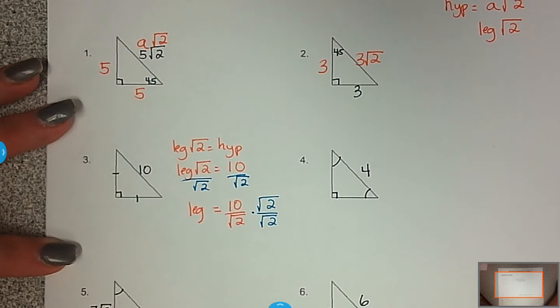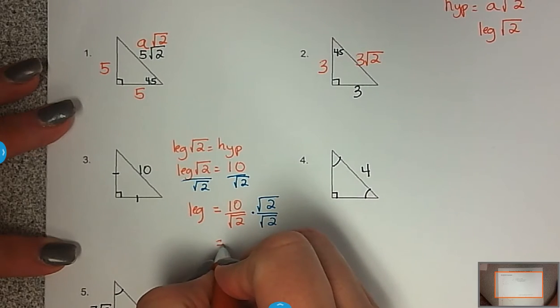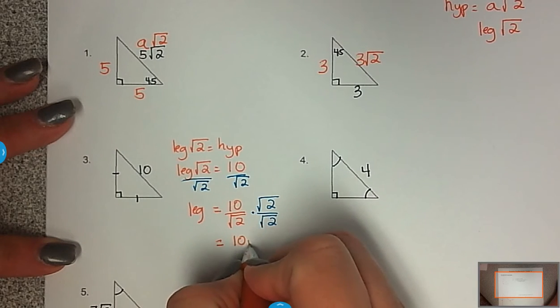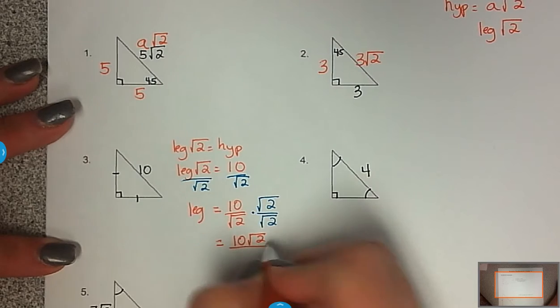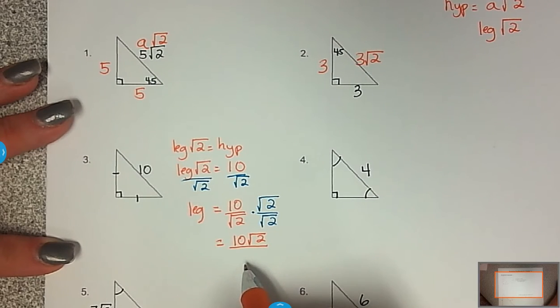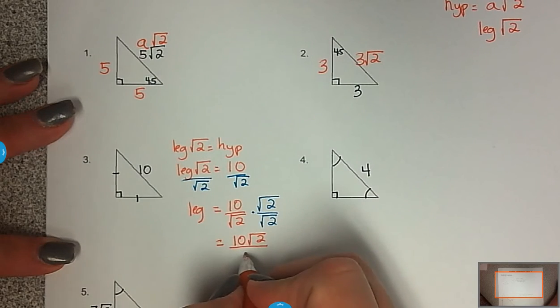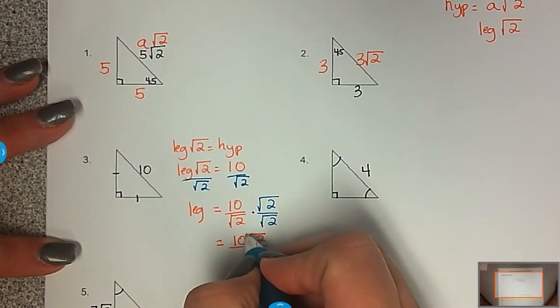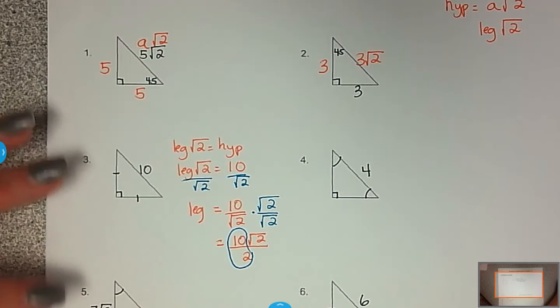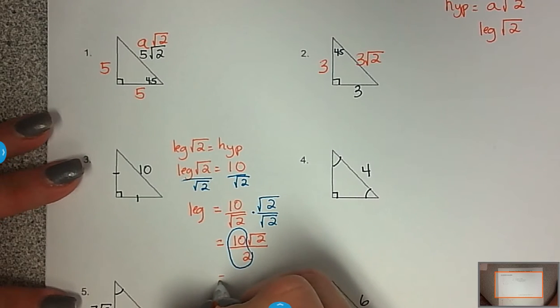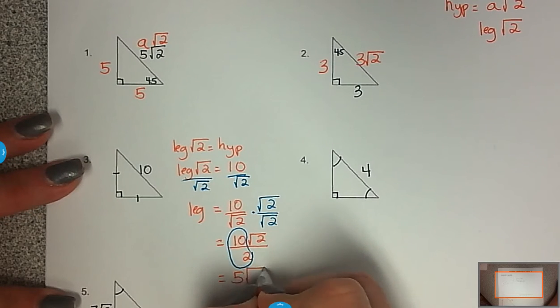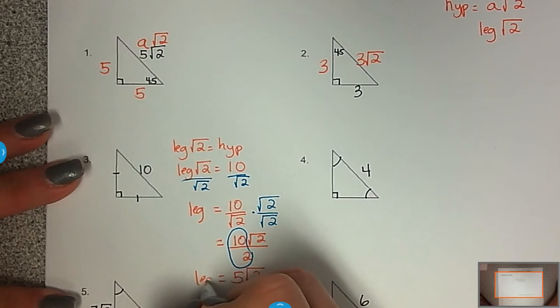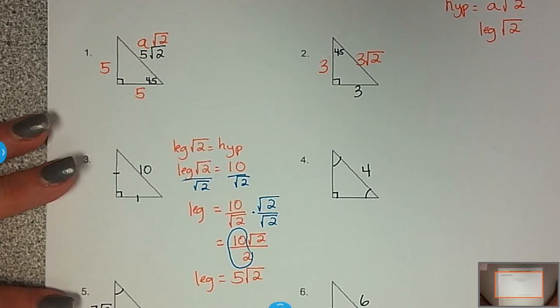And here's why I do that. When I multiply across the top, I get 10 square root of 2. On the bottom, I'm going to get the square root of 4, which is 2. And now my 10 over 2 will reduce to give me 5 square root of 2 for each of the legs.